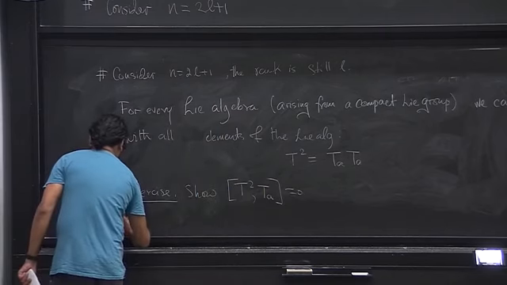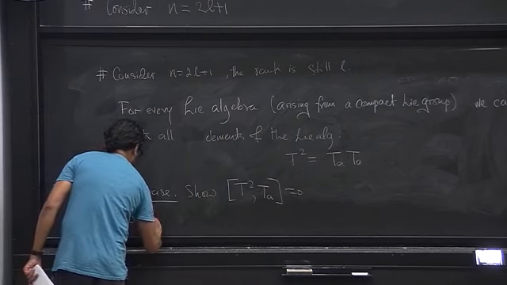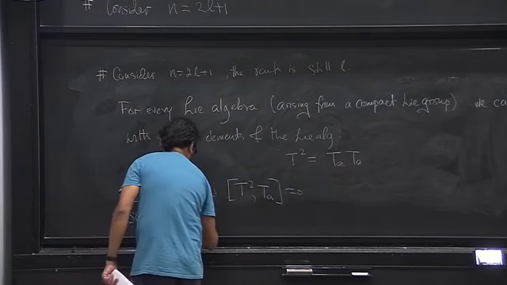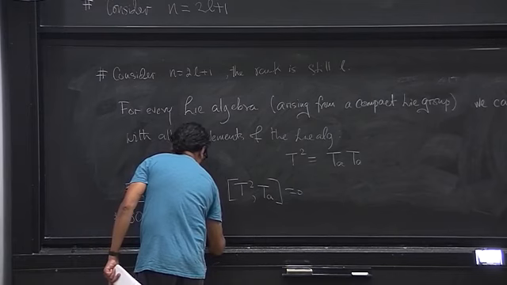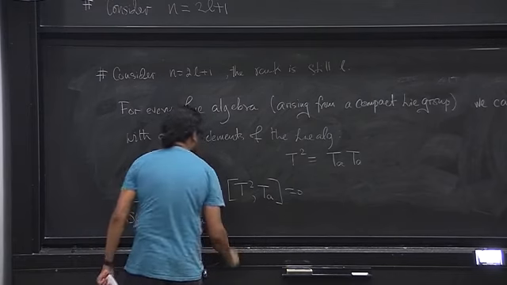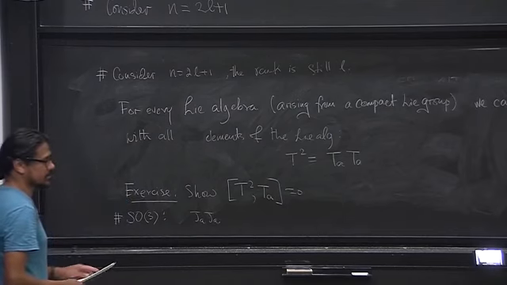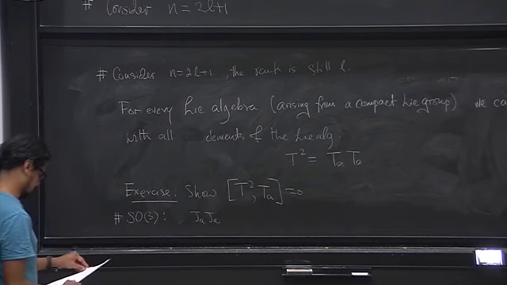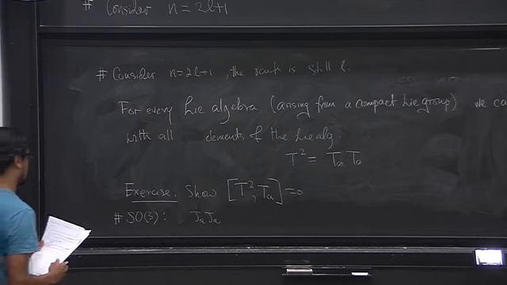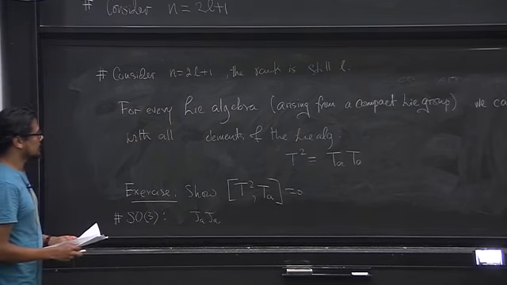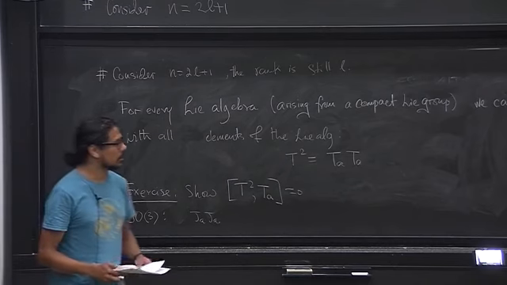So for SO(3), the Casimir is given by the sum of the squares of the three angular momentum operators. Is that the general Casimir operator, or are you just saying it's for SO(n)?